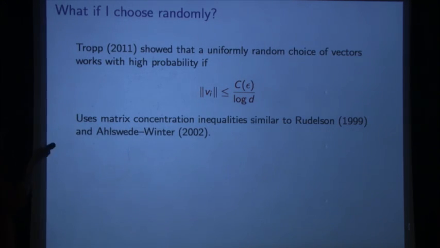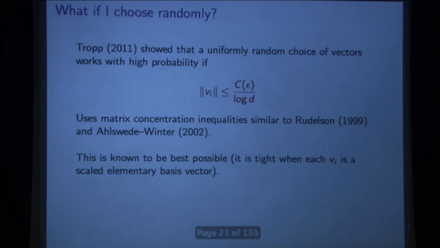This uses matrix concentration inequalities similar to Rudelson and Ahlswede-Winter. And in fact, this is known to be best possible for the random case, and it's tight when each of the v_i is a scaled elementary basis vector. It turns into a balls and bins problem.